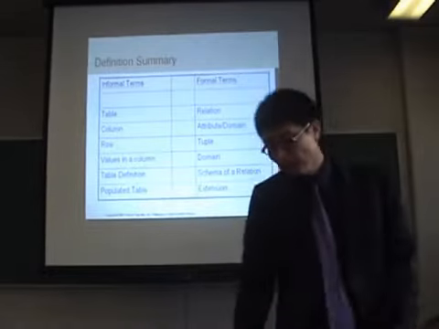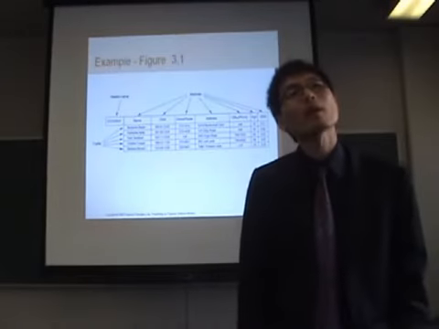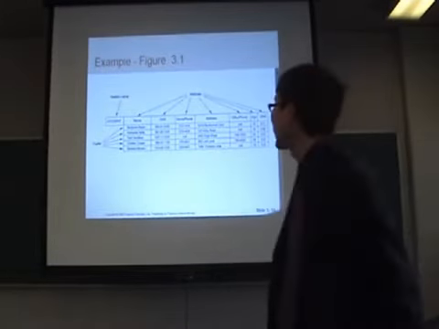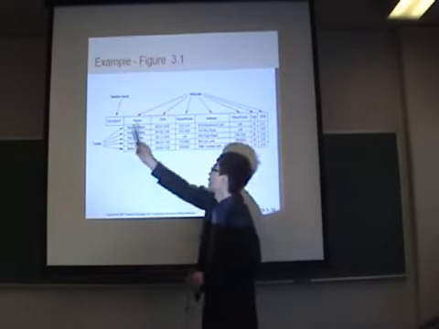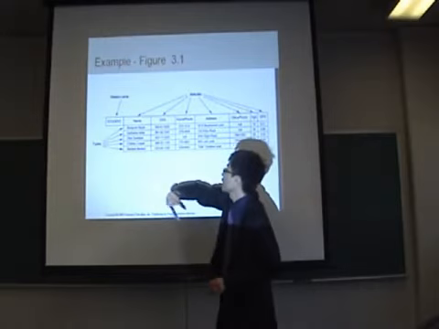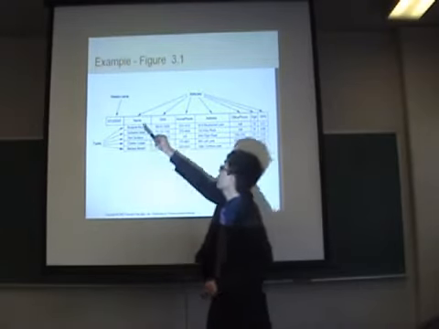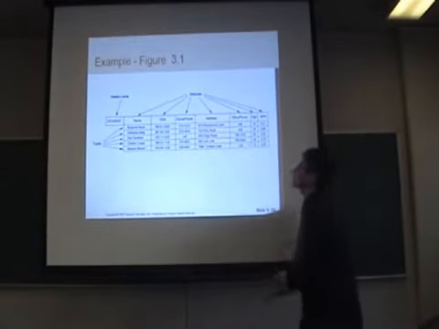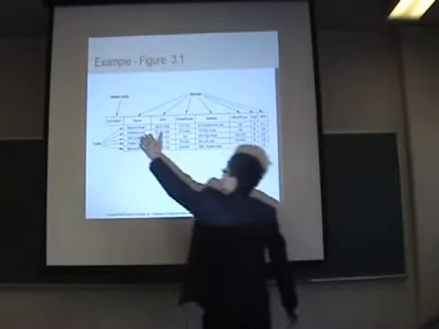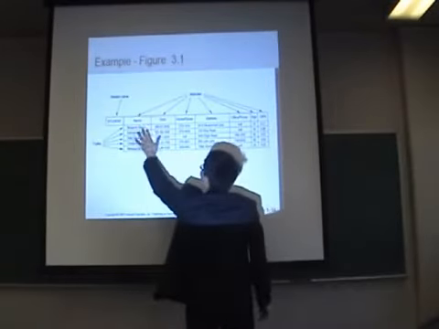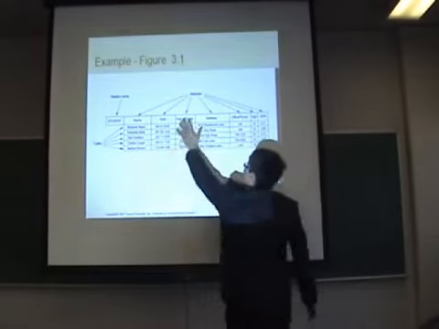Okay? Then this is the example of the relation of student. We have the relation name. It has a number of tuples: Benjamin, Catherine, Dean, and whatever. Also, we can see a group of attributes: name, social security number, home phone, address. We can realize each tuple has the same format: name, social security number, and home phone.